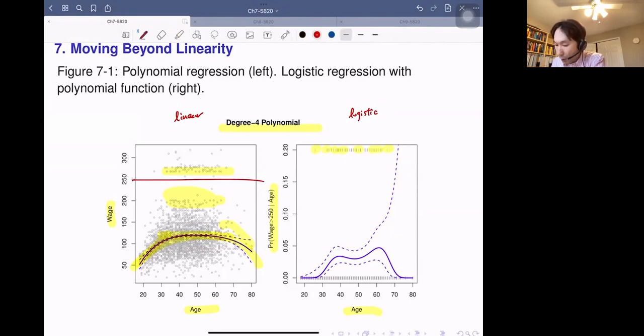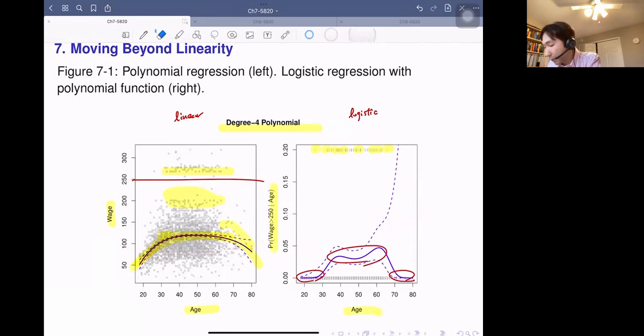The people between age maybe 33 to 63 or so have a higher probability of getting a higher wage. The probability is lower for age up to maybe 33 and after maybe 65.